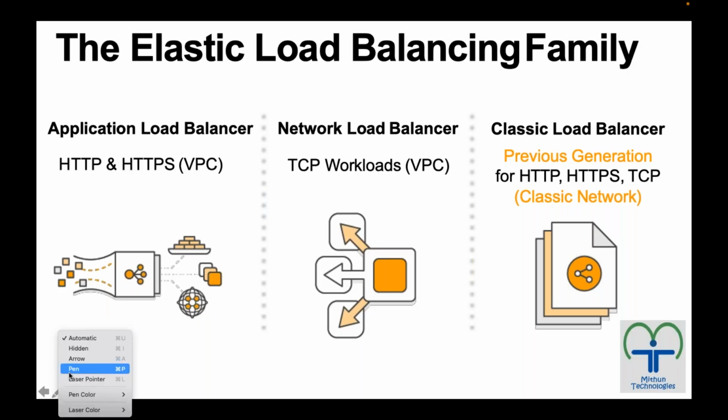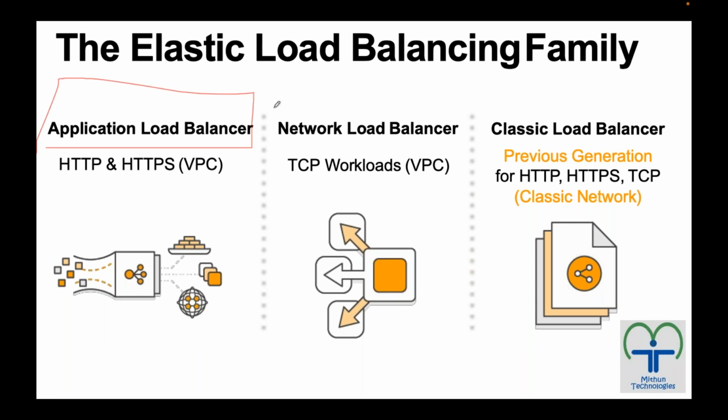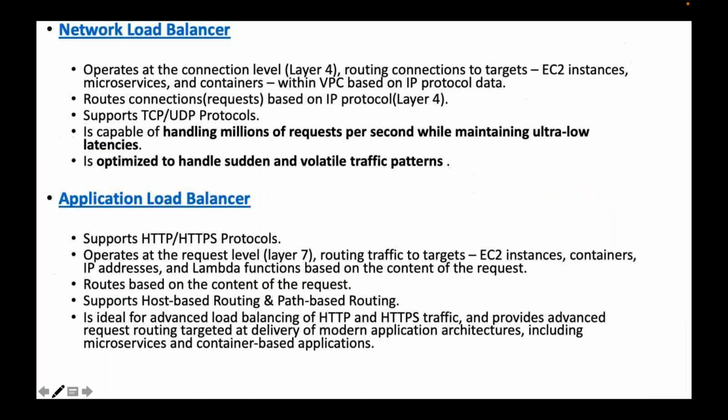So AWS ELB has a layer 7 load balancer, that is the application load balancer, a layer 4 load balancer at the TCP port, and the previous legacy one, which supports both. As I already told, the network load balancer operates at the connection level, layer 4.